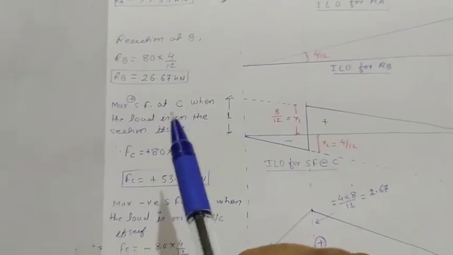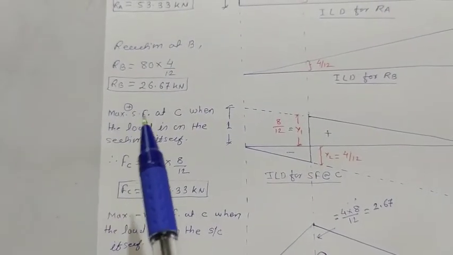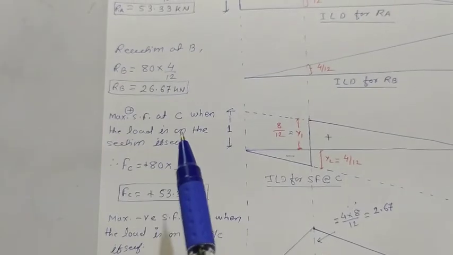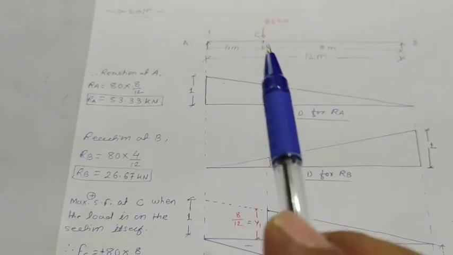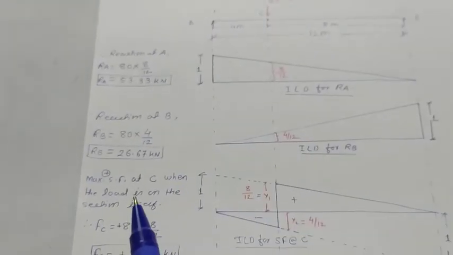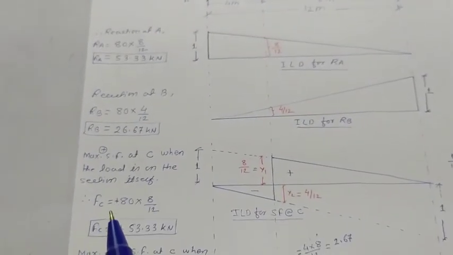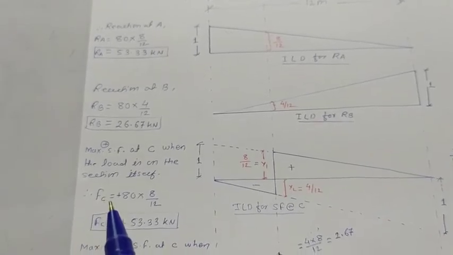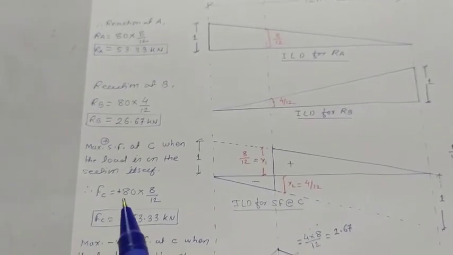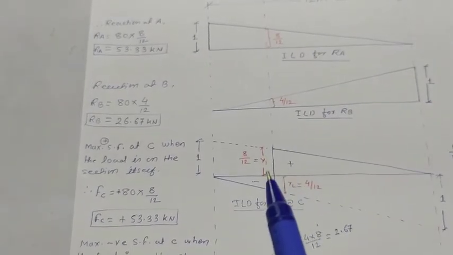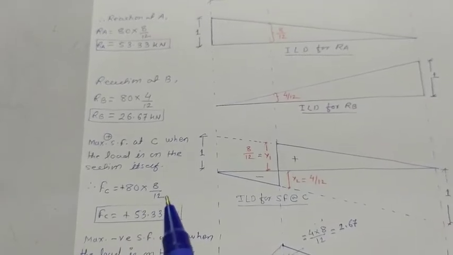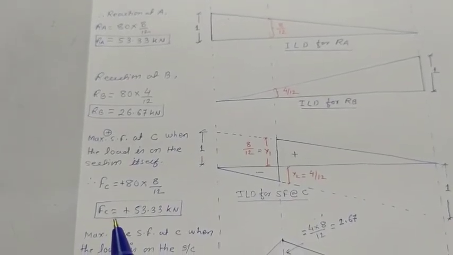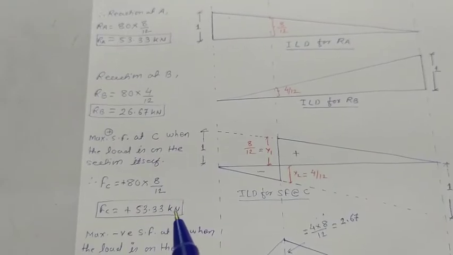Now do the calculations of shear force. Maximum positive shear force at C occurs when the load is on the section itself. Suppose I apply the load on section C. What will be the maximum positive shear force at point C? It is 80 multiplied by the positive ordinate, 8 by 12, so you get the maximum positive shear force of 53.33 kilonewton.